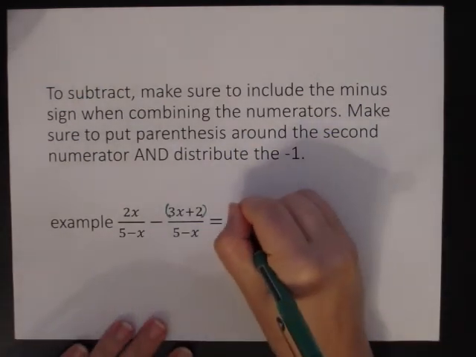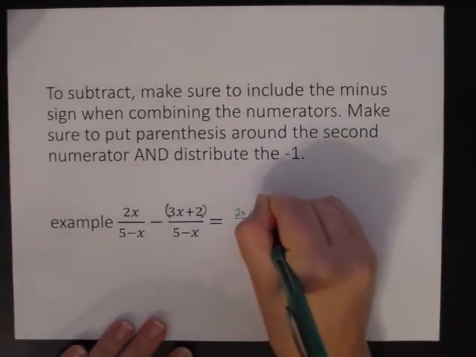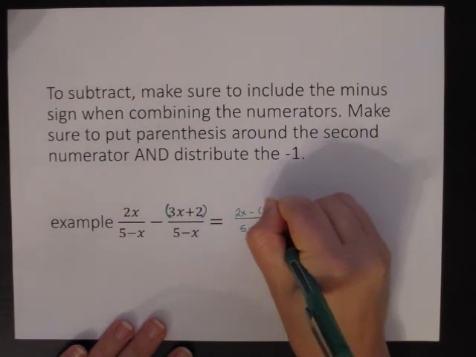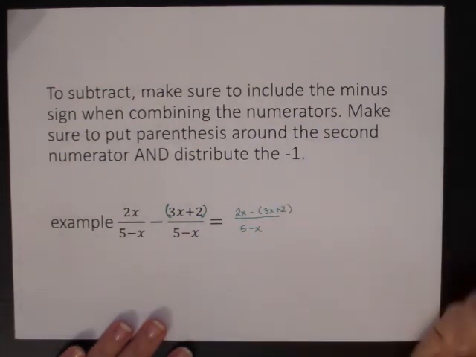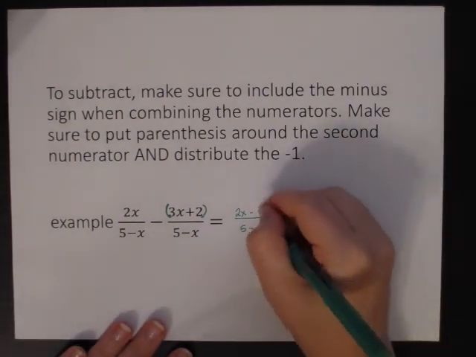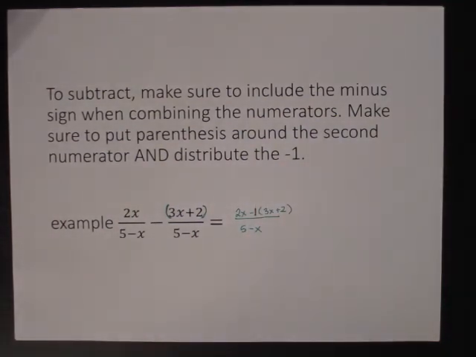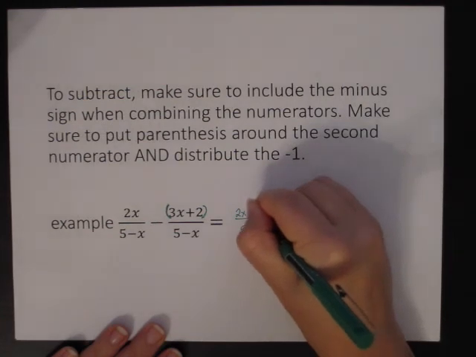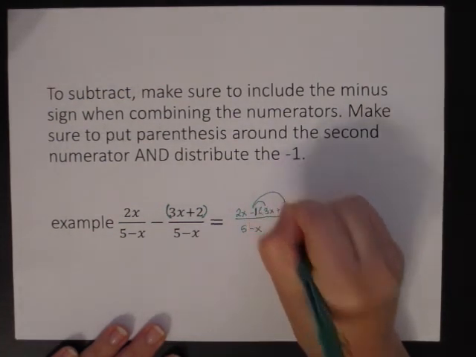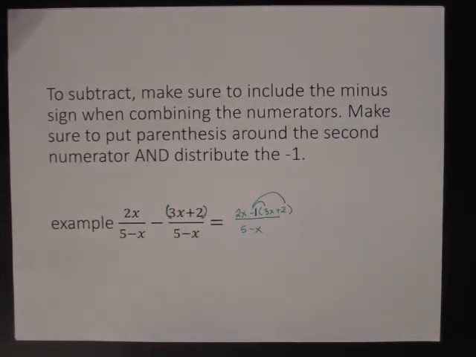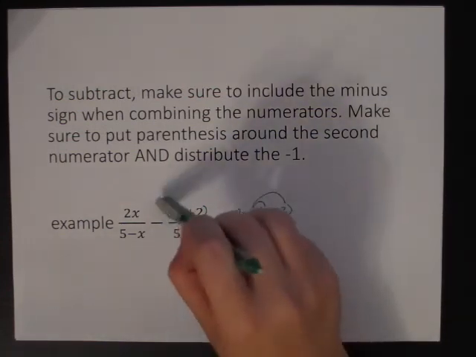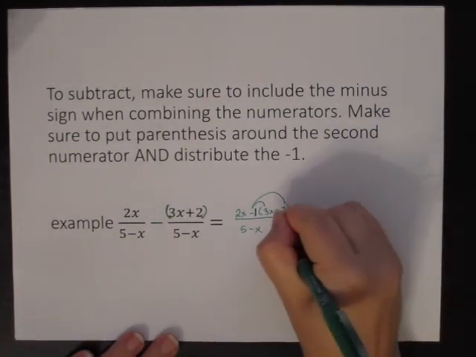So that would be 2x minus, in parentheses, 3x plus 2. Now, because it's minus, what that really means is I'm putting an invisible 1 right there. And what I have to do is distribute this negative 1 to both parts of the second numerator. And that's why it's super important for you to put the parentheses there.